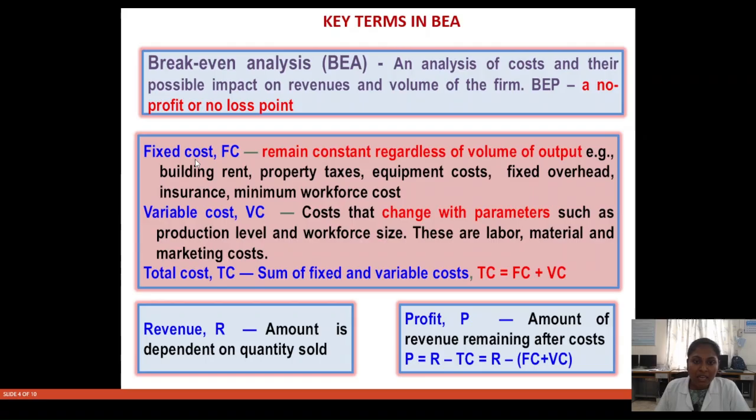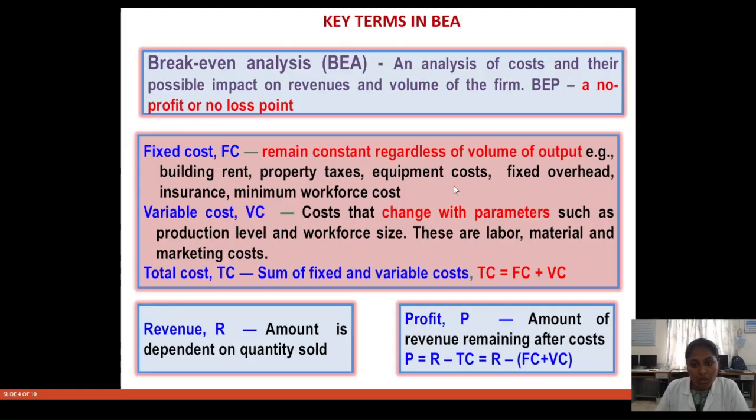Fixed cost is nothing but, in any business or firm, there will be some cost called fixed. That is the building rent, property taxes. The cost remains constant throughout your whole business journey. Examples are building rent, property taxes, and equipment cost.